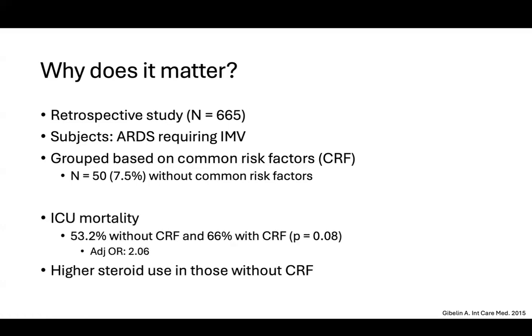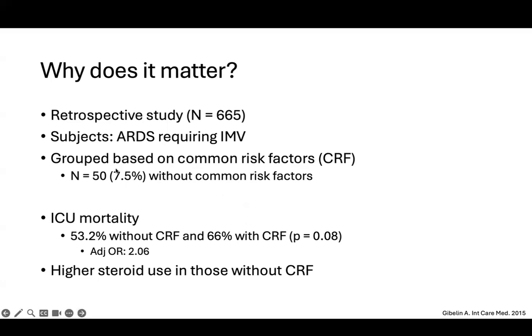Then they looked at the mortality. This was just a trend, but they found that the ICU mortality was lower in patients without these risk factors than in those with them. And by the end of it, there was a higher steroid use in those patients without these common risk factors. What it means is that patients who don't have these common risk factors might do better because you are picking up a specific diagnosis and treating them properly.